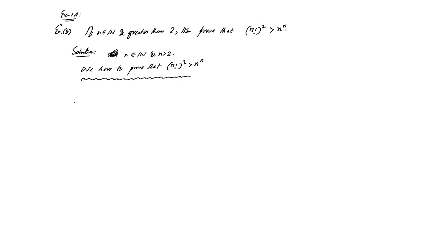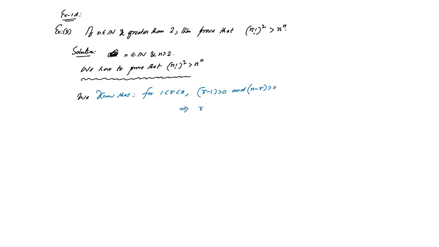So now, since n is greater than 2, we know some basic facts. For 1 < r < n, r minus 1 must be greater than 0 and n minus r is also greater than 0.